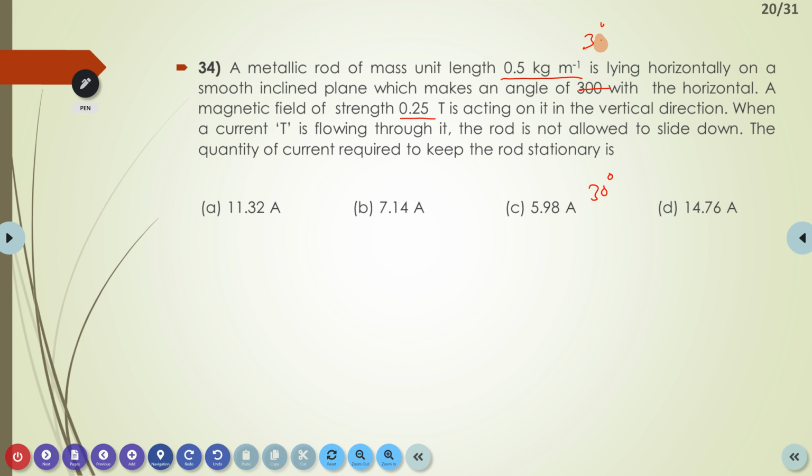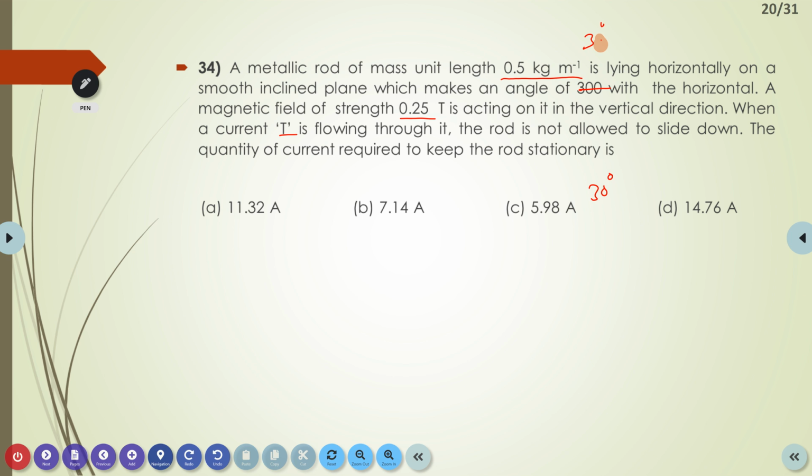When a current is flowing through it, the rod is not allowed to slide down. Find the quantity of the current required to keep the rod stationary.